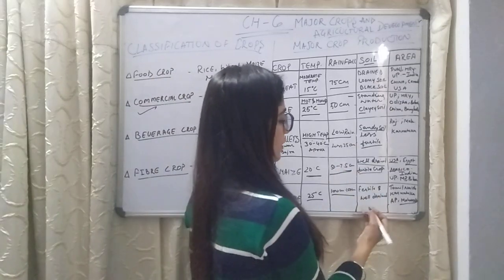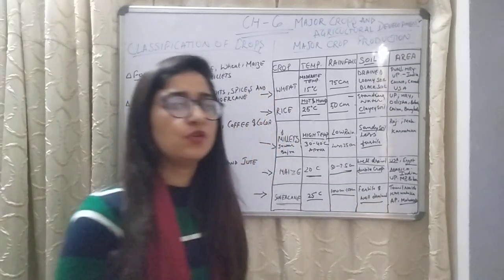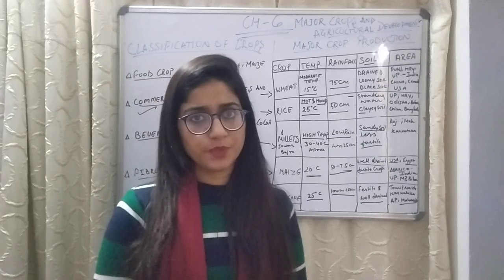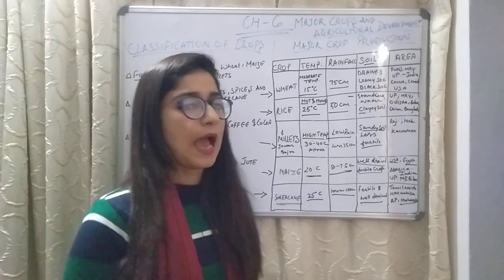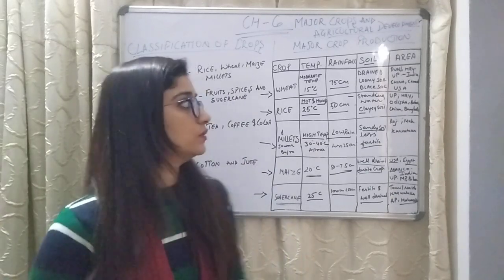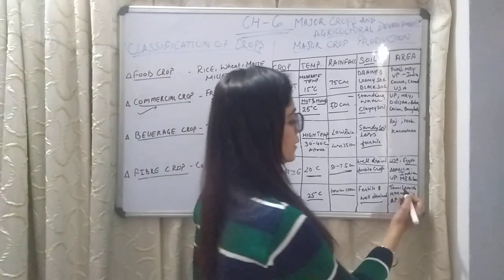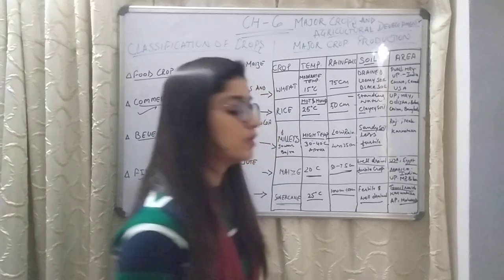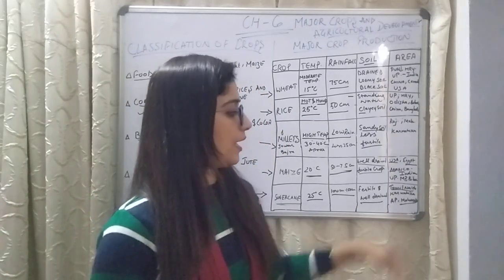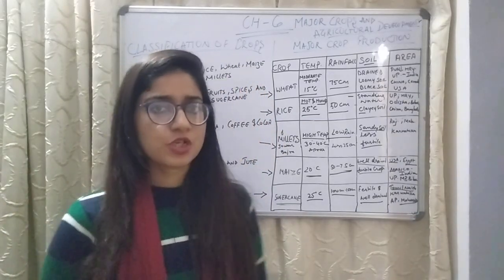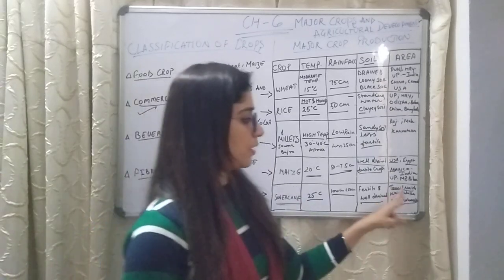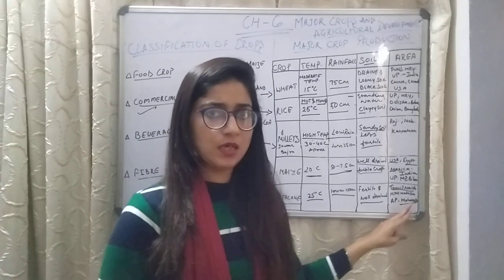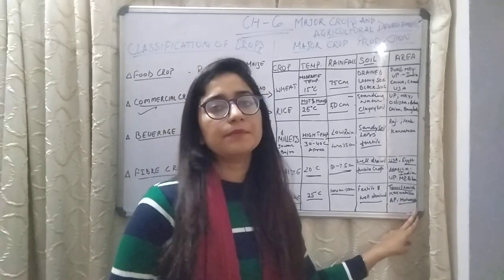Now the soil: fertile and well drained soil should be there. The areas in India are Tamil Nadu, Karnataka, Andhra Pradesh and Maharashtra.